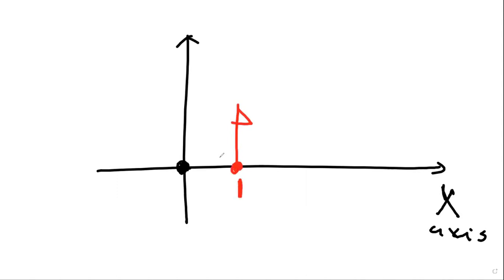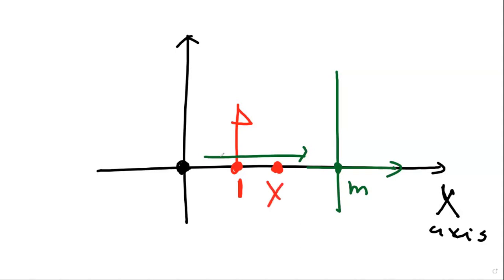Now your frame moves to right here. This is the new frame. Let's assume this motion is M. You move by M, right? So let's assume we originally have a point right here, called small x.